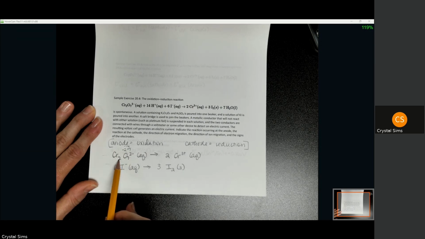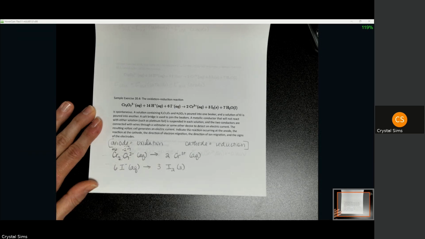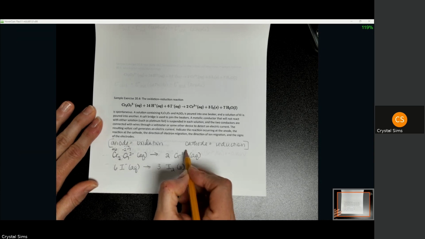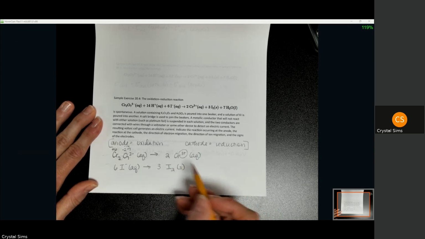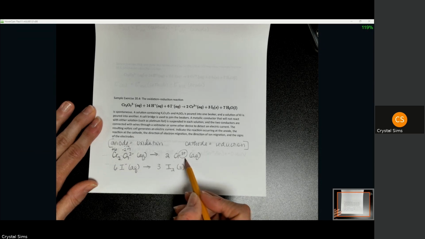So chromium needs to be 12. I have 2 of them, so I know that each chromium has to be +6. Okay. Now over here, this chromium I already know is +3. So I've gone from +6 to +3.